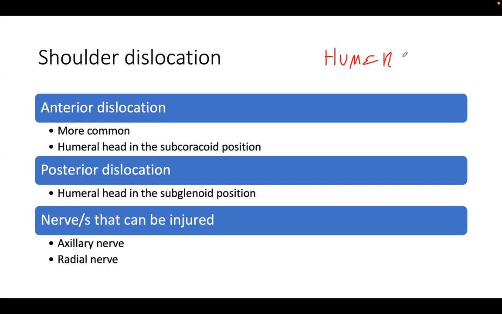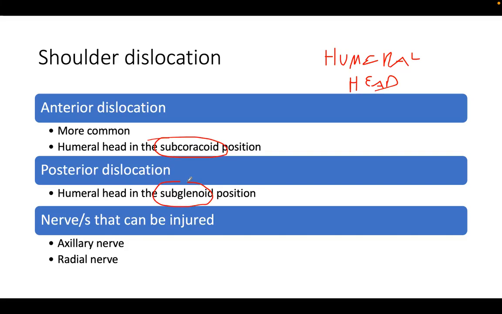So what is the landmark for differentiating anterior and posterior shoulder dislocation? It's the humeral head. If the humeral head is in the subcoracoid position, that's an anterior dislocation. If the humeral head is in the subglenoid position, then this is a posterior dislocation.